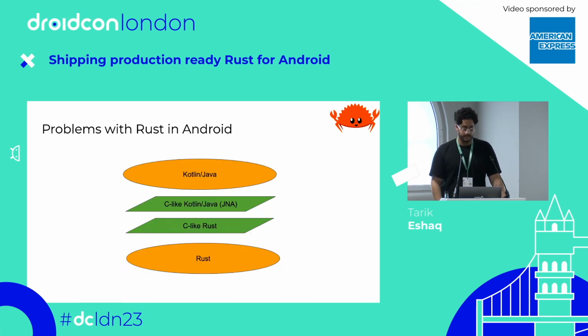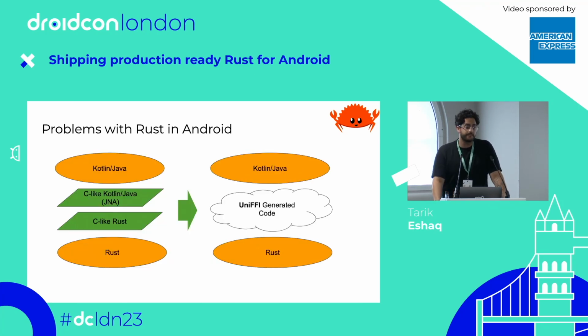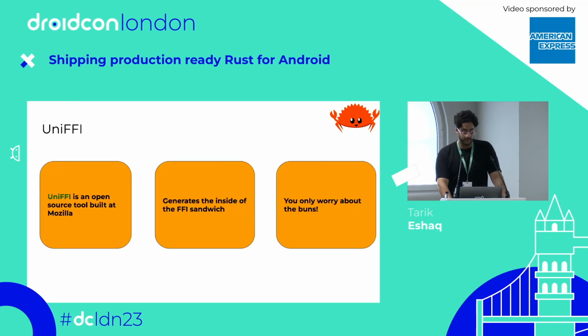So how do we fix that at Mozilla? We took this FFI sandwich, and we turned it into this. Really, underneath that cloud is the same thing on the left side. But what we've done is we've created a tool called Unify to help us generate it. So Unify is open source. You can check it out. And what it does, or the best pitch I have of it so far, is Unify generates the inside of the FFI sandwich, so you all only have to worry about the buns.